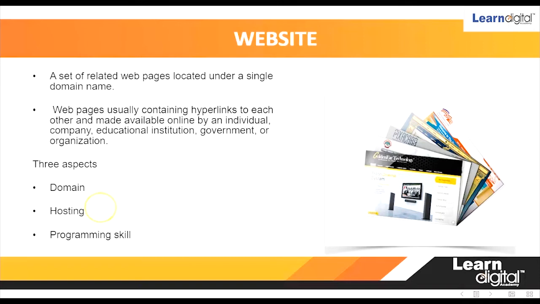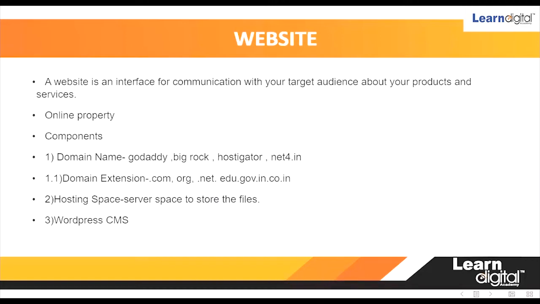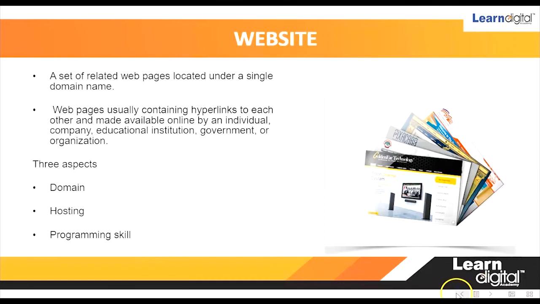If you have an address, then definitely people will come to you and visit your website. After the domain, hosting is a very important part. Without hosting you can't make your website live. Although you have purchased the domain, hosting is required to show your website over the internet.